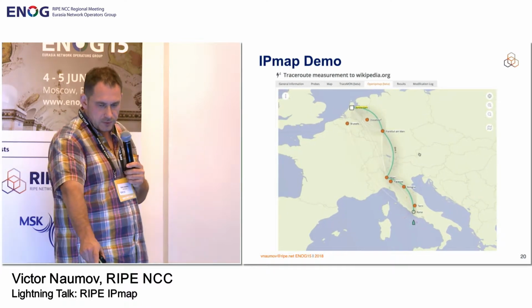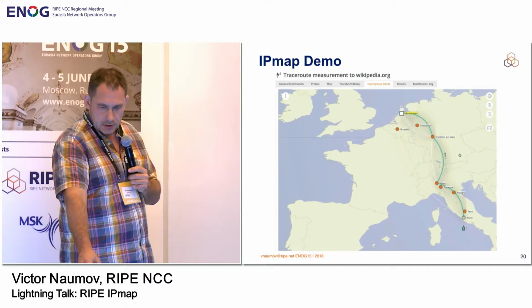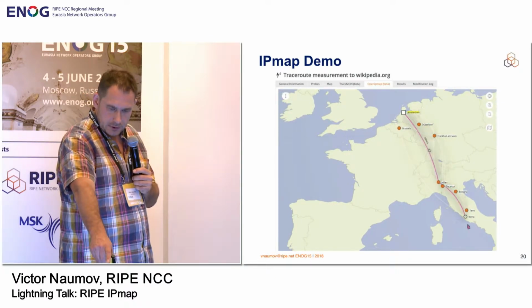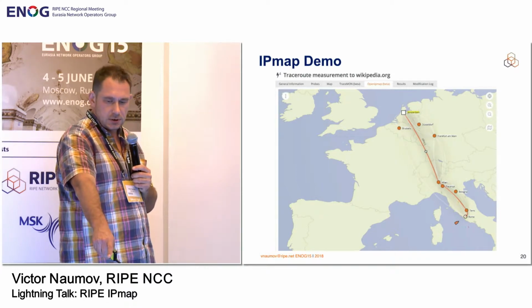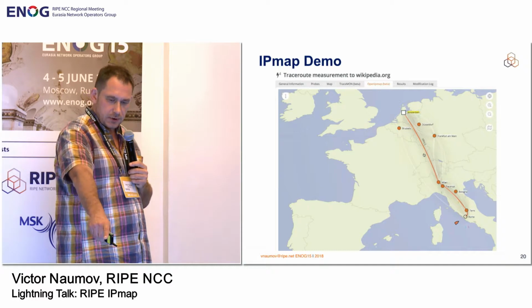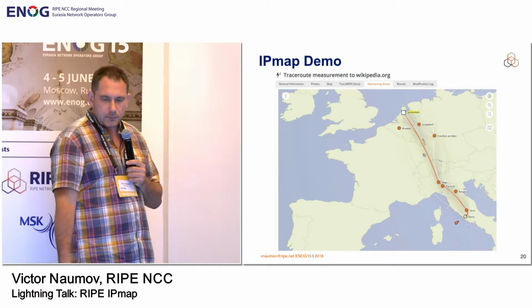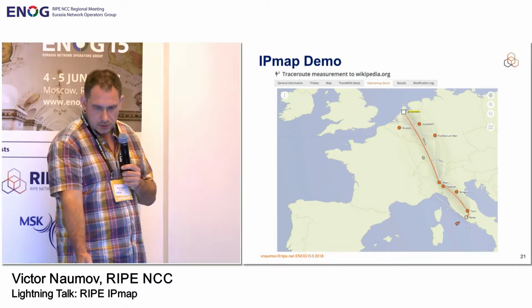You click, you increase the map and augment it, and you can see these traceroutes. The light lines show how many hops. They're not geolocated. The geolocated hop is represented with red dots.